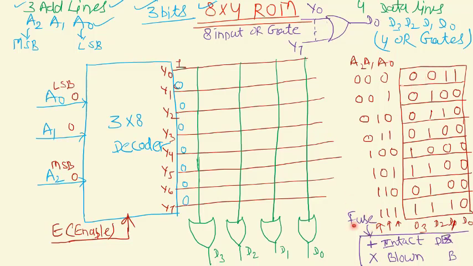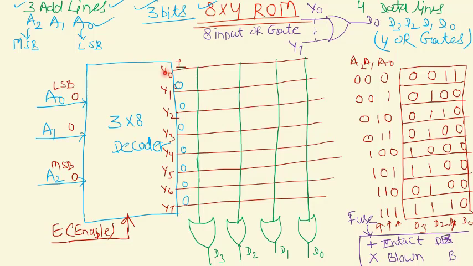So we will use the concept of the fuse. Wherever we require the connection, we will intact them, and if we want to break the connection, then we will use this sign.